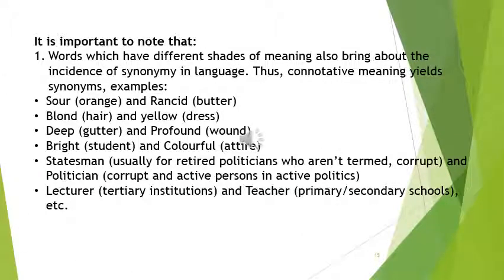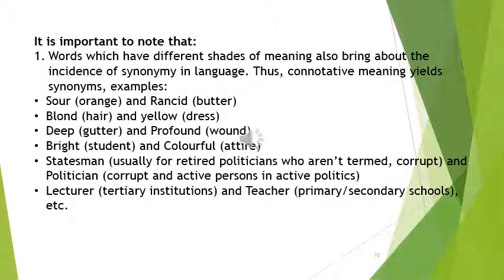It is important to know that words which have different shades of meaning also bring about the incidence of synonym in language. When we say synonym, we are talking of similarity, because there are words that are similar in meaning. For example, tall and high, big and large.